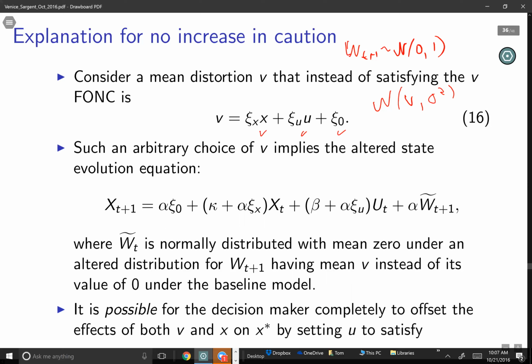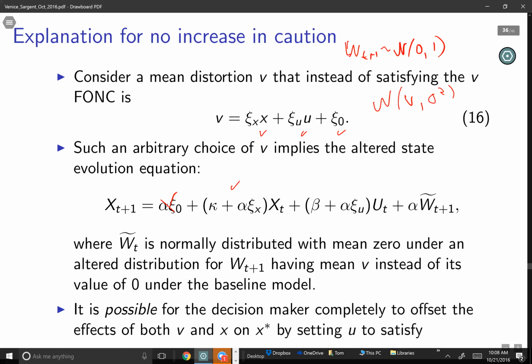The decision maker thought that the decision rule looked like this, but with not this here, not this here, and not this here. The minimizing agent is going to screw up the coefficients.